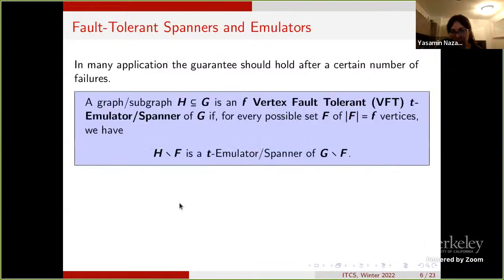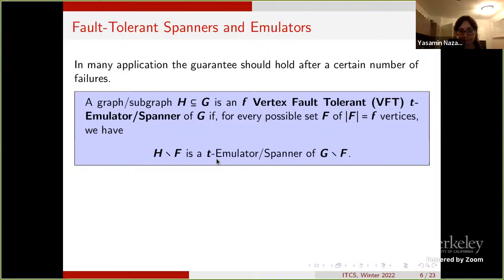So in a lot of practical settings, it makes sense to think about spanners and emulators that still hold the stretch guarantee after a certain number of faults. In particular, we say that a graph or a subgraph is F vertex fault tolerant if it has the property that it is still a T emulator or a T spanner, even after a set of size F of nodes fail.